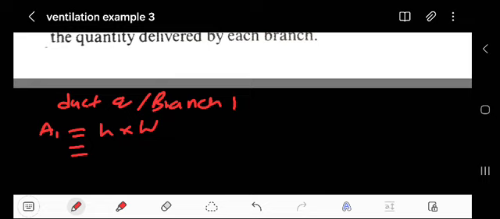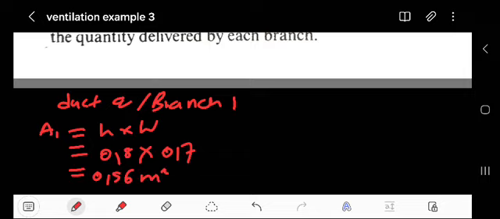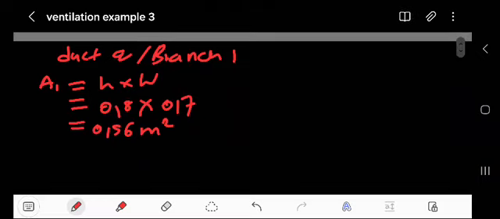We know that it will be 0.8 multiplied by the width, which is 0.7. This will give us 0.56 cubic meter, sorry, meter squared.